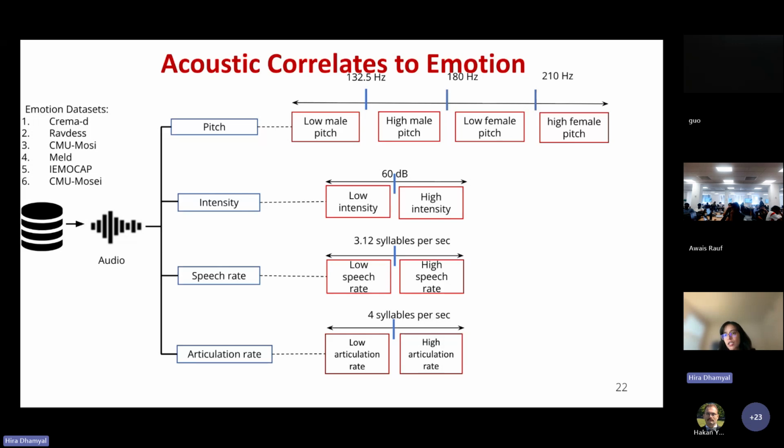If it is less than 132.5 hertz, we say it is a low male pitch bin, because males generally have lower pitch. For intensity, we have a cutoff at 60 dB. If it is less than 60 dB, we say it is low intensity. If it's higher, we say high intensity. So this is a very crude way of binning a given audio. That's the first step that we had.